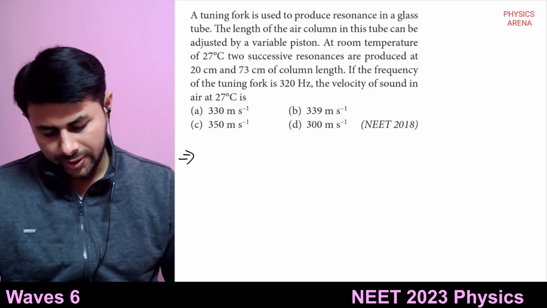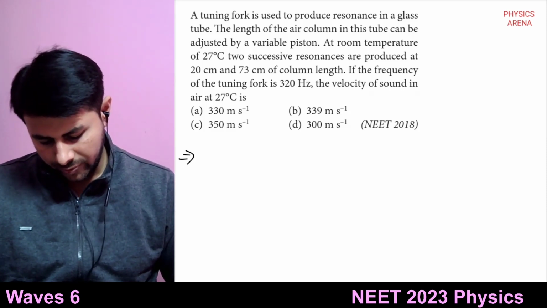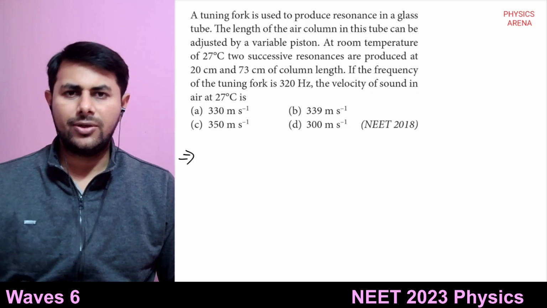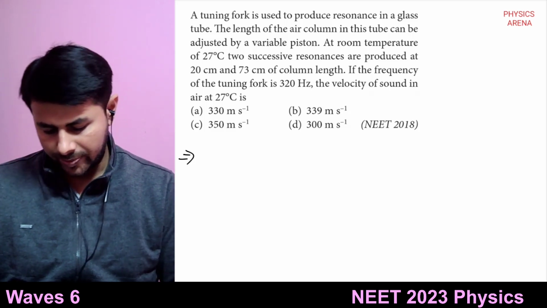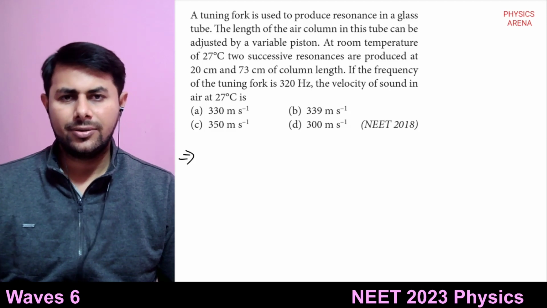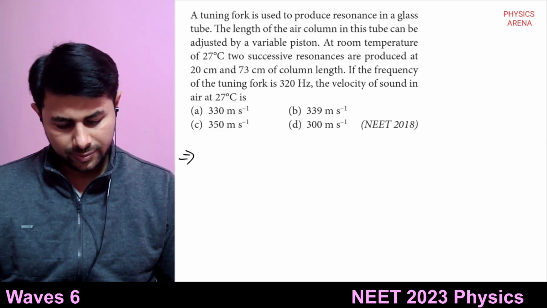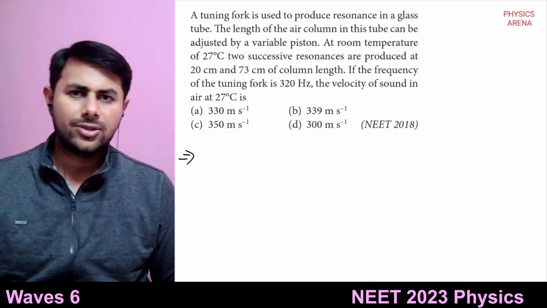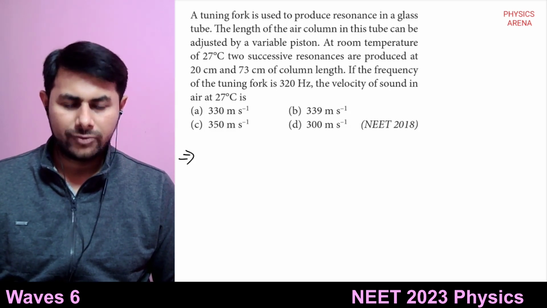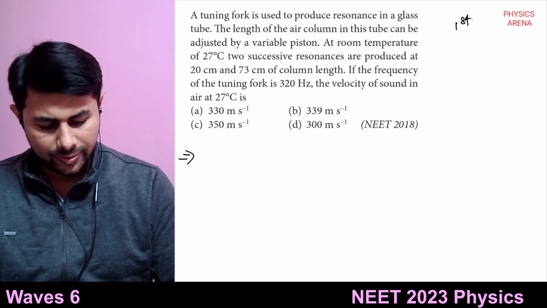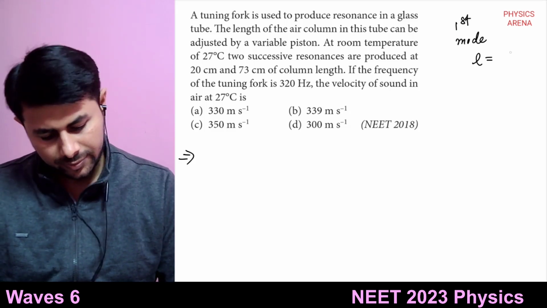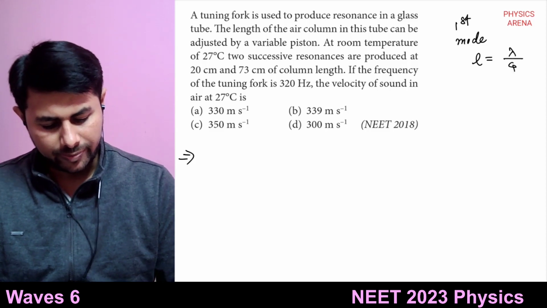Okay. So see, what is the difference between the two successive lengths of a pipe which is closed at one end? What is the difference between lengths of two successive modes? For example, if you take first mode, length is equal to lambda by 4.